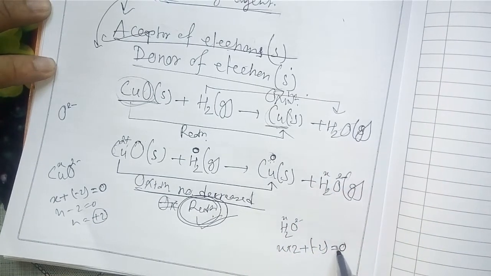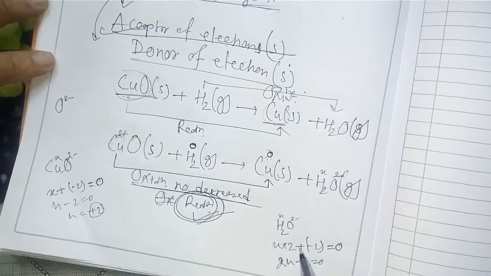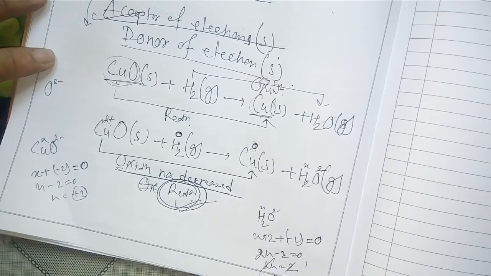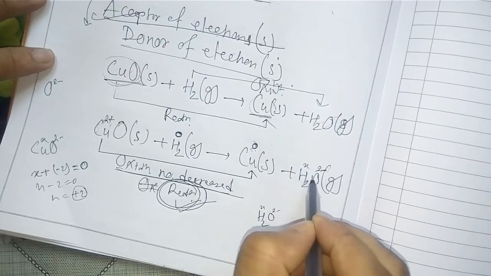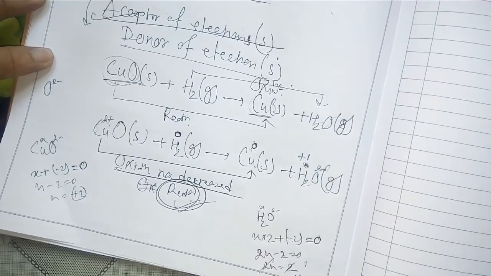So 2x plus minus 2 equals 0, so 2x equals 2, x equals plus 1. Then the oxidation number of hydrogen is plus 1.